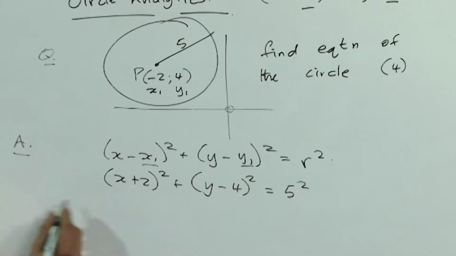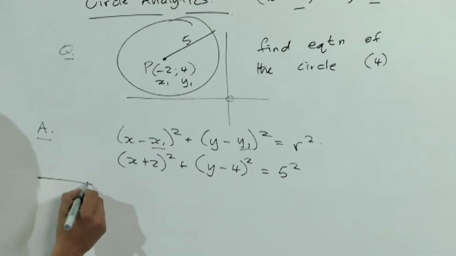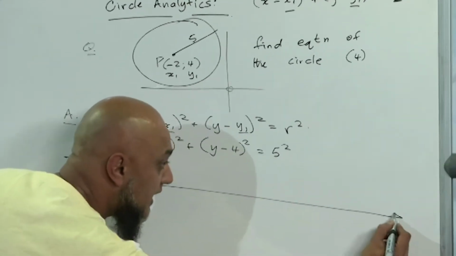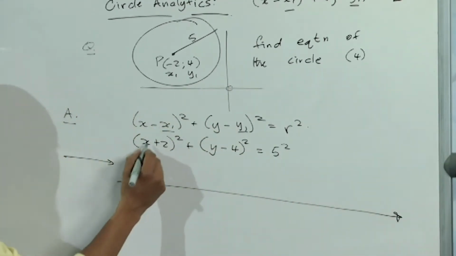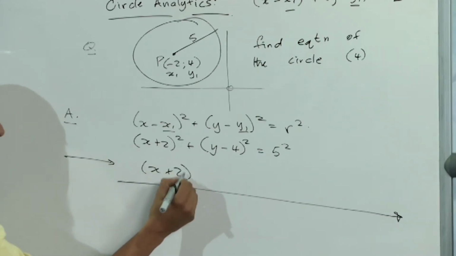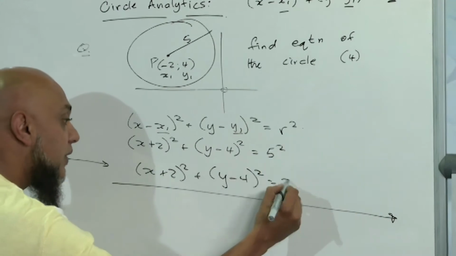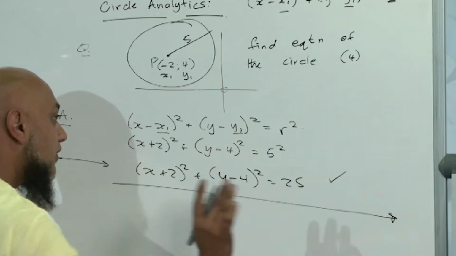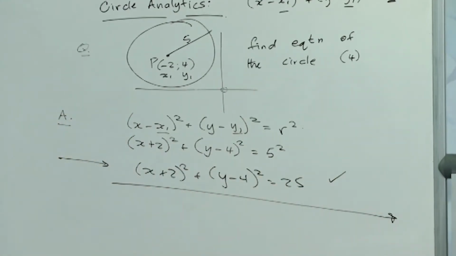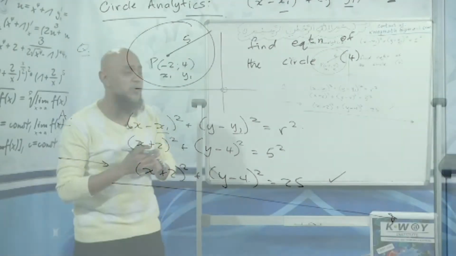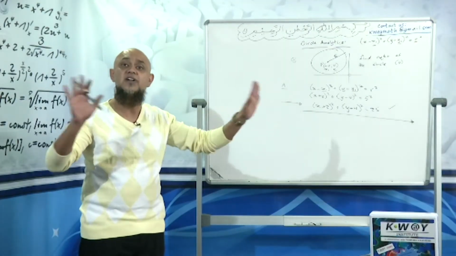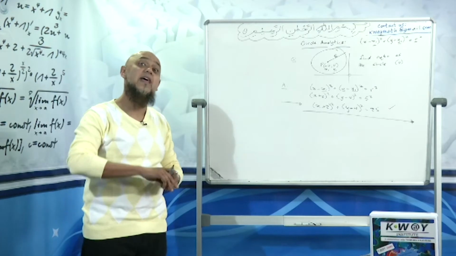Under normal circumstances, this is where you'd leave your answer. This would be your final answer. So you're going to say (x plus 2) squared plus (y minus 4) squared is equal to 5 squared, 25. Full stop, you'll get yourself 4 marks in the exam. Plain and simple, pure substitution, don't expand the brackets.